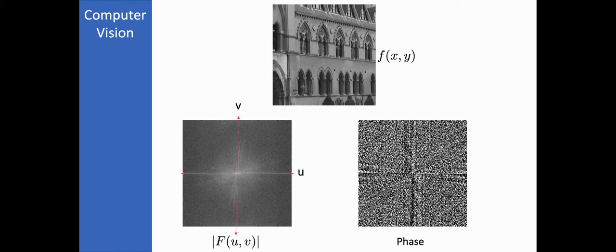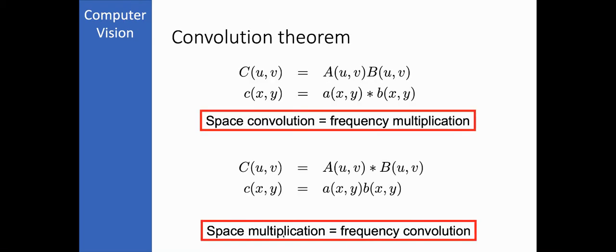Again, when we talk about the Fourier spectrum, we always say that at the center, we have the case where the frequencies are the lowest, and as we go right or up, the frequencies increase in the positive direction or increase in the negative direction, and so on. So the center is low frequency components in the image, and the surrounding is the higher frequency components. We also saw the convolution theorem.